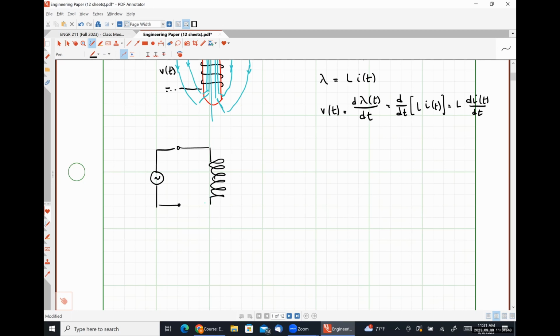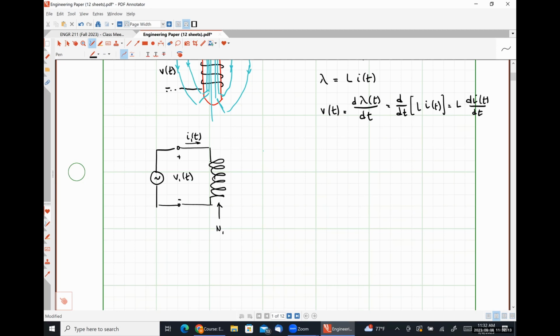Like so. And let's define my direction of current flow. Our primary coil having N1 turns, this is going to be our voltage V1 of t, like so.